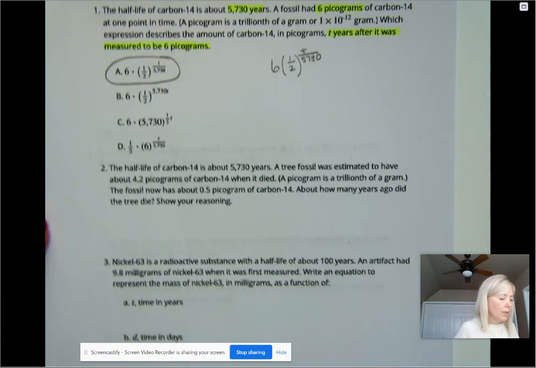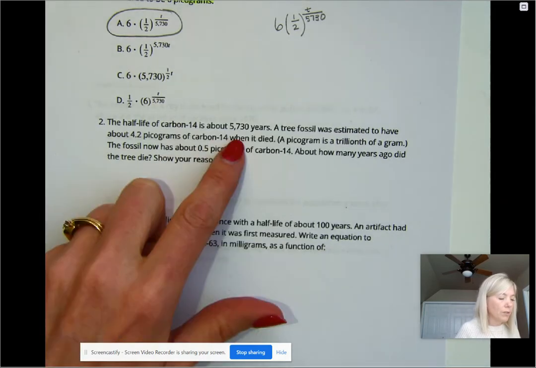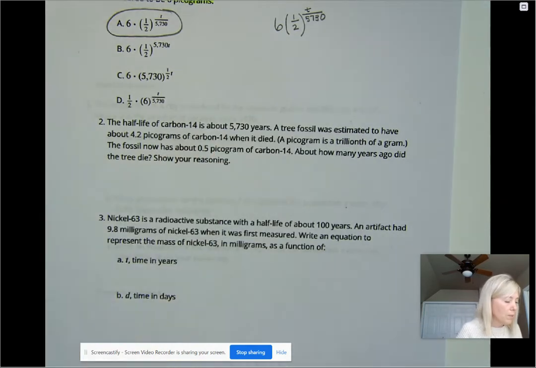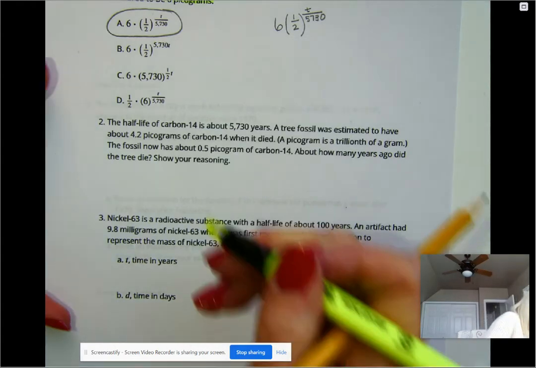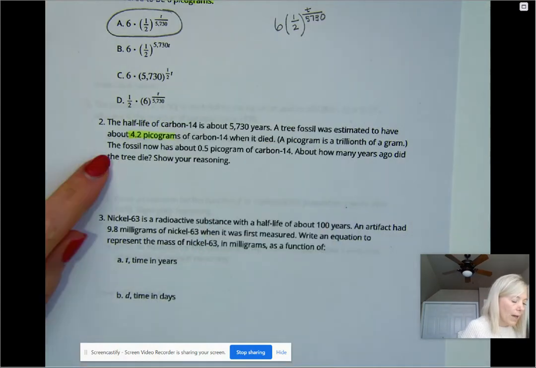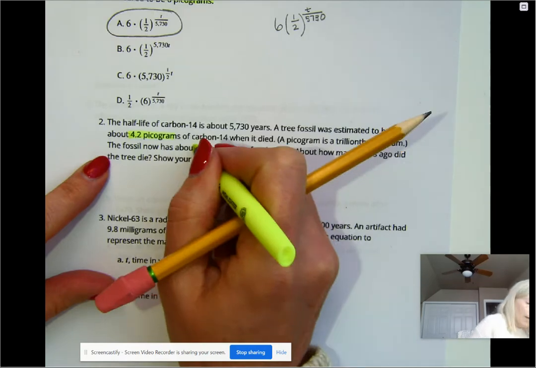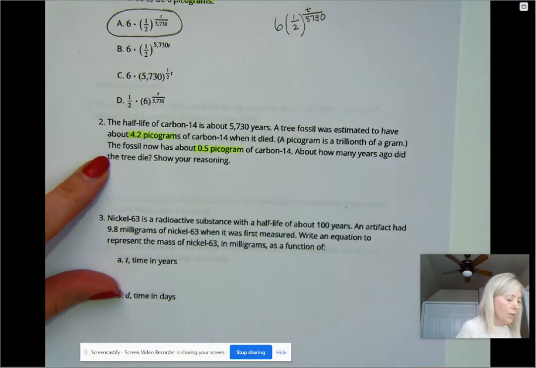Okay, number 2. The half-life, again, is 5,730 years. A tree fossil was estimated to have about 4.2 picograms of carbon-14 when it died. The fossil now has about 0.5. About how many years ago did the tree die? Show your reasoning.